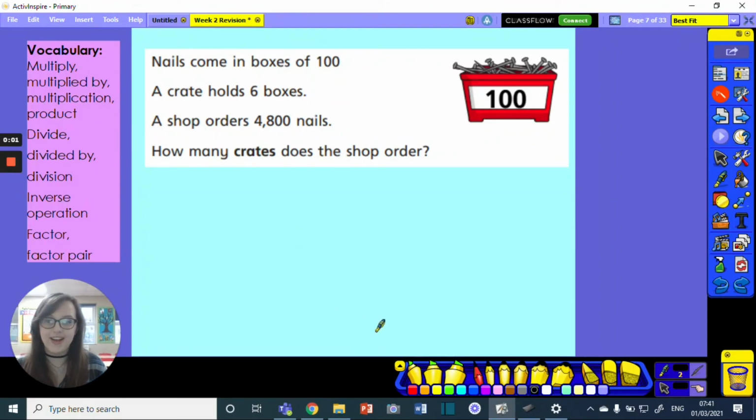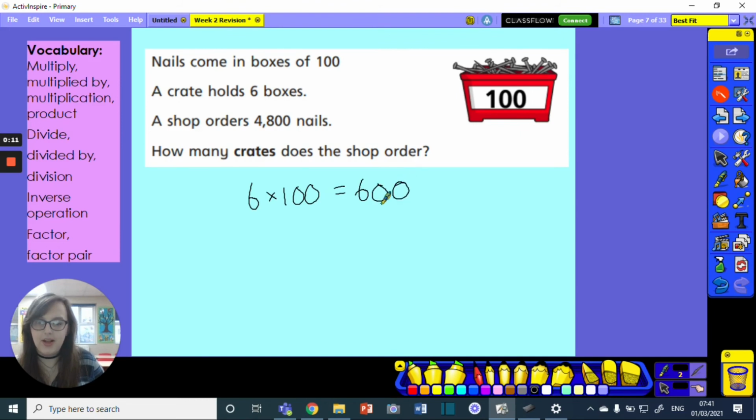So let's have a look at this question together. So if a crate holds 6 boxes of 100, that's 6 lots of 100, which is 600. This shop has ordered 4,800. Now these numbers look really, really familiar. If these numbers hadn't been multiplied by 100, we would have 6 and 48.